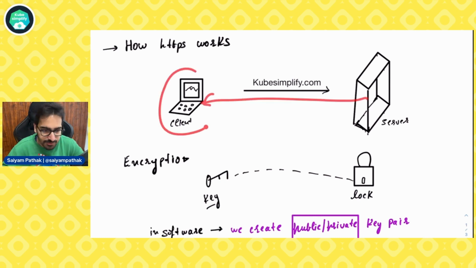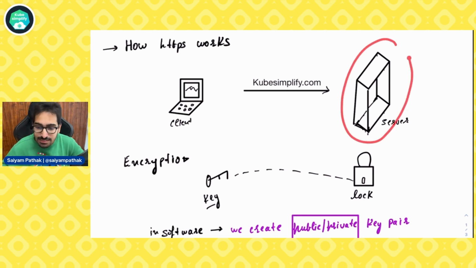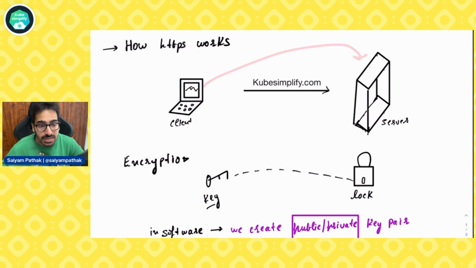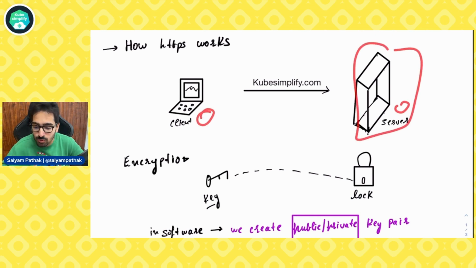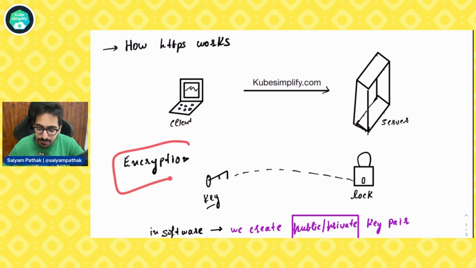Then the client will verify whether this key actually came from this particular server, and then it will send its own key, encrypting it with the key sent by the server. Once it reaches the server, since the private key of that particular public key is on the server, it will decrypt that and they both will end up sharing a key that only they know. Therefore, all of their communication after this will be encrypted.